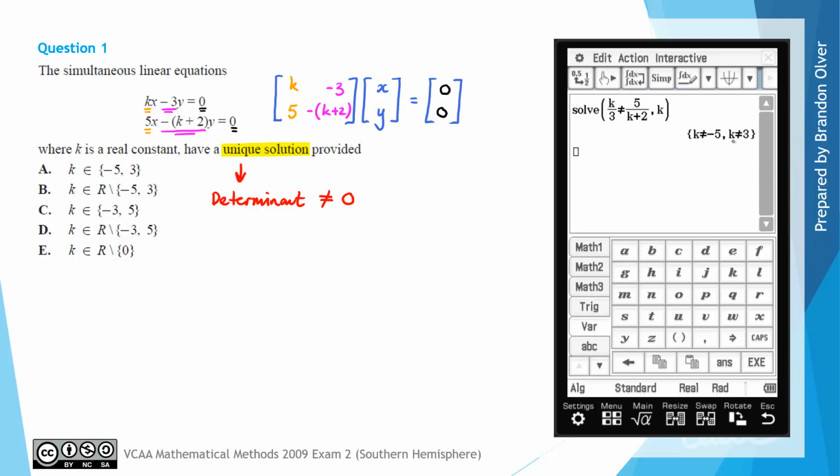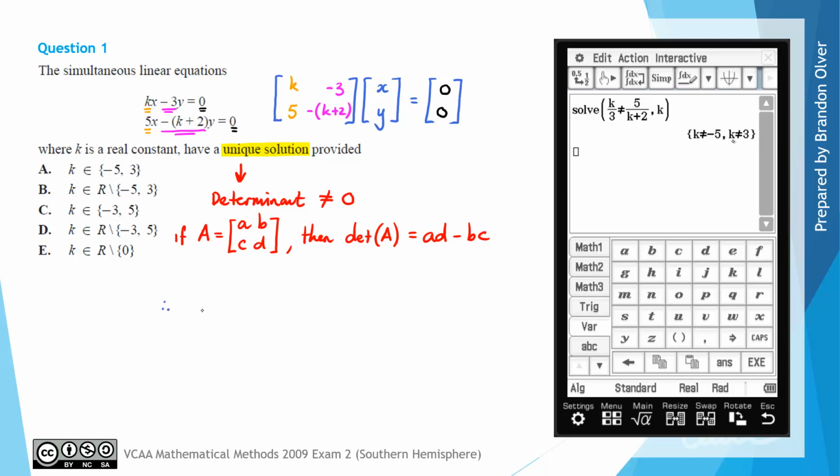Next, we want to unpack this idea of a determinant. If we have a matrix capital A, which has elements a, b, c, and d in those positions, then the determinant of A, which I'm going to write as det A, is equal to ad minus b times c.